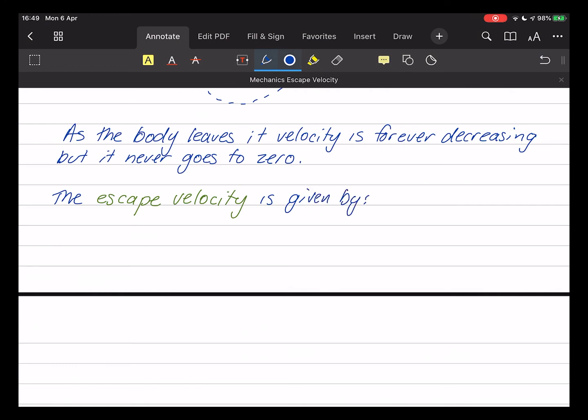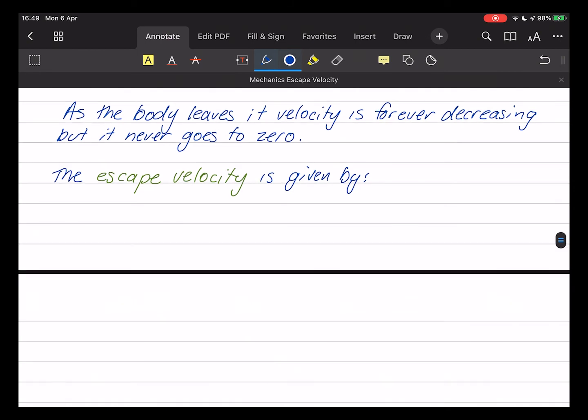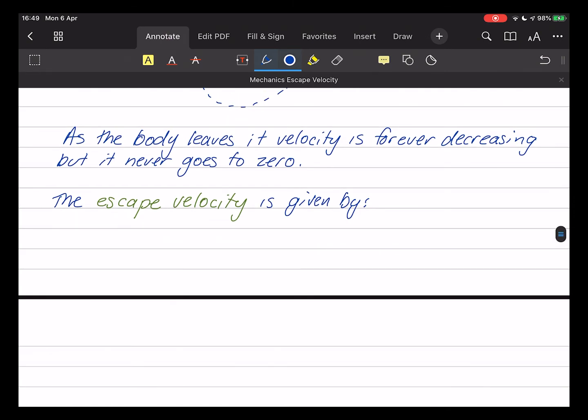given by, it's when those things are equal. So I end up with half mv squared is equal to g big M little m on r, and the masses cancel.